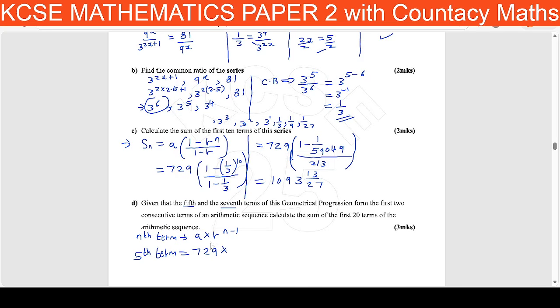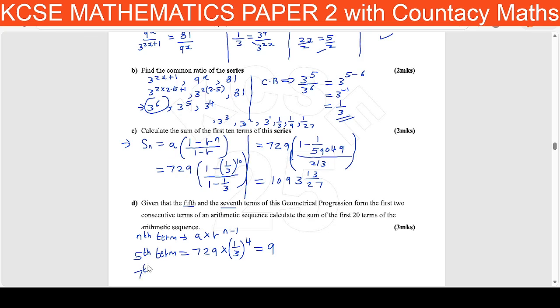We are multiplying that with R. And what is R? 1 over 3. And what is N? For this case, N is 5. Therefore, we do 5 minus 1, which gives us 4. So we are doing 1 over 3 to the power 4, which should give you 1 over 81. So 1 over 81, we multiply by 729, and that is going to give us a 9. And I'll show you something interesting over here in a minute.